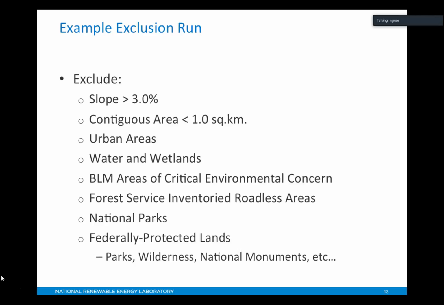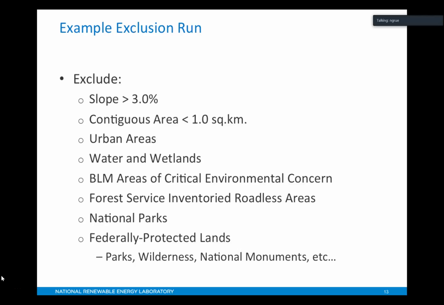The contiguous area restriction makes sure that you have a minimum required amount of area so that you can still develop a large enough project that you're interested in. That's what the contiguous area would require. Other exclusions are urban areas, water and wetlands, Bureau of Land Management, areas of critical environmental concern, and there's several others here, including federally protected lands.